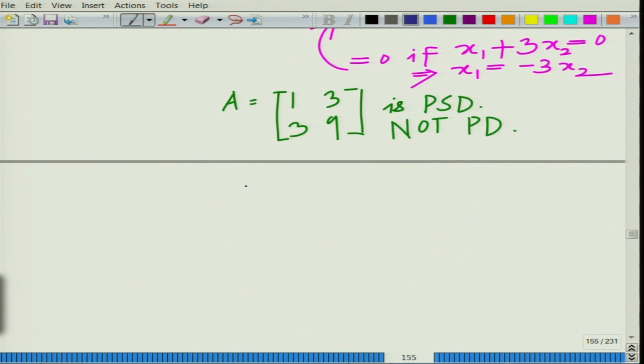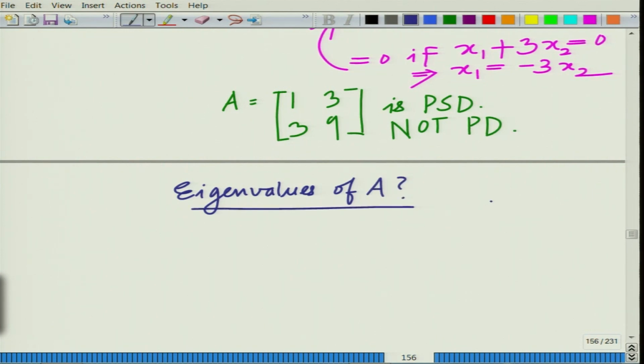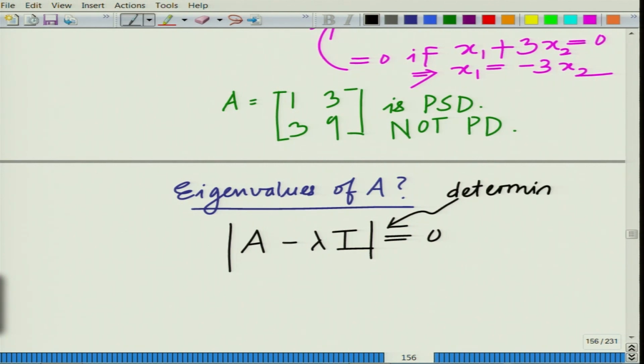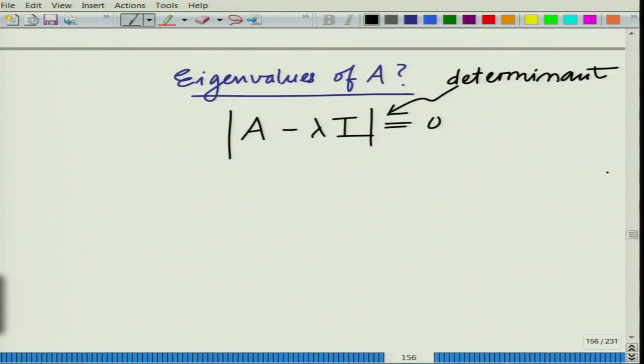Let us continue this example further. What about the eigenvalues of A? To find the eigenvalues, remember we have to find A minus lambda I and set the determinant equal to 0.